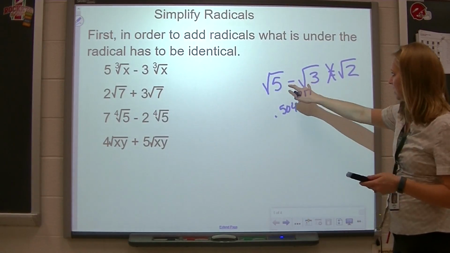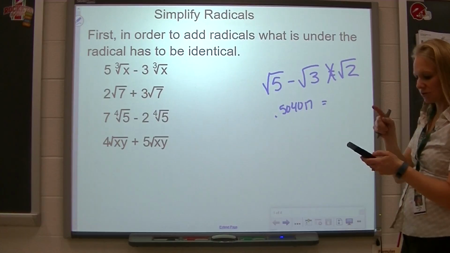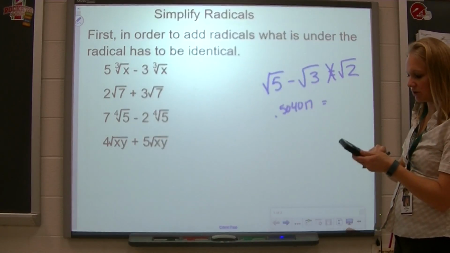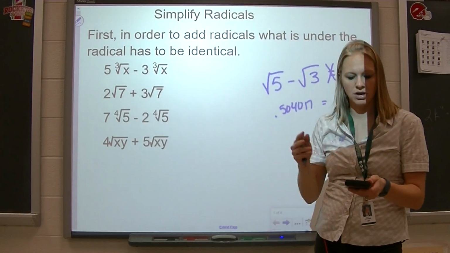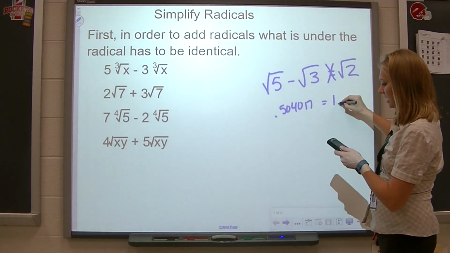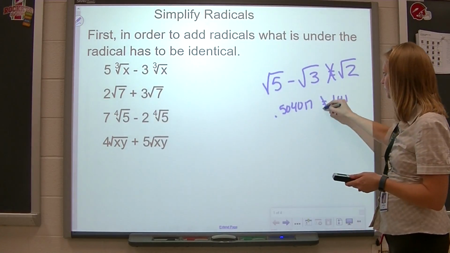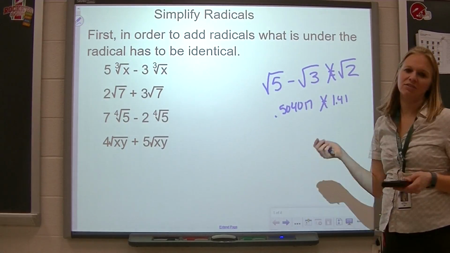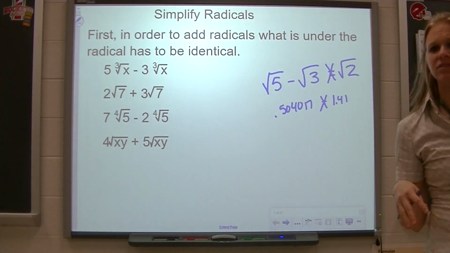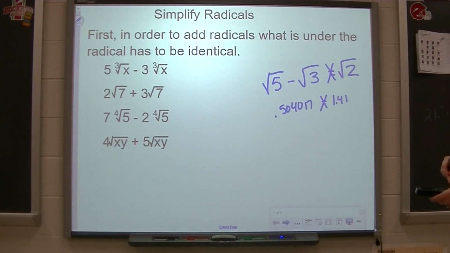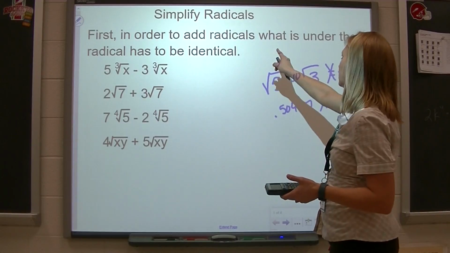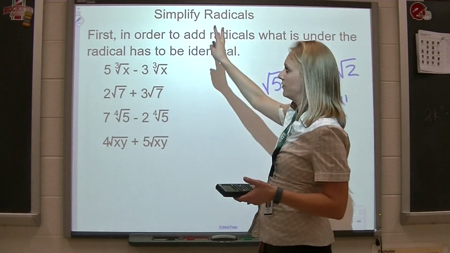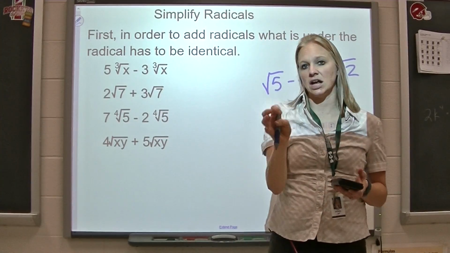Okay, so if this equals the square root of 2, then the square root of 2 should also equal 0.504, and it doesn't. It equals 1.41. So you can't just subtract radicals like you do numbers. You can only add or subtract them when whatever is underneath the radical is identical.